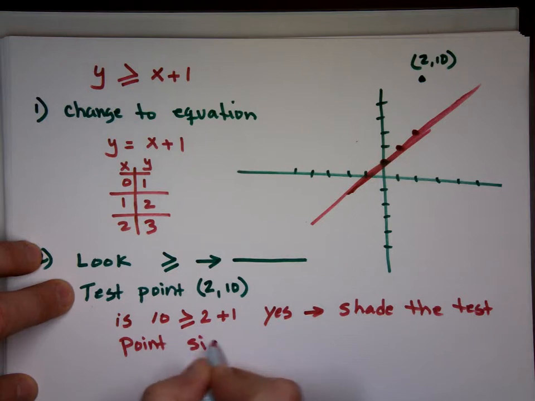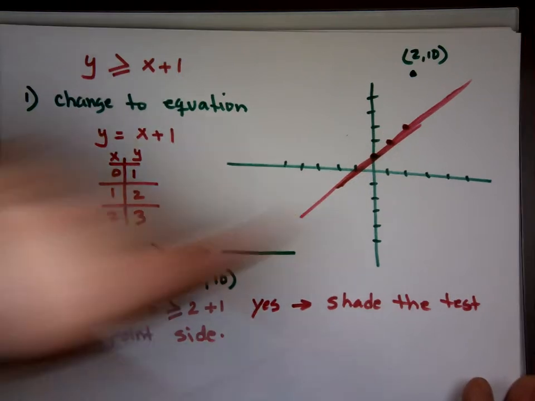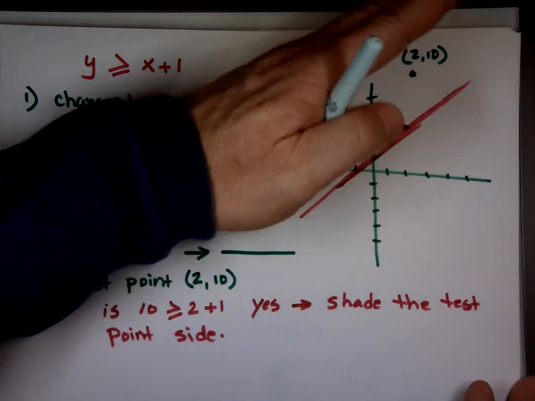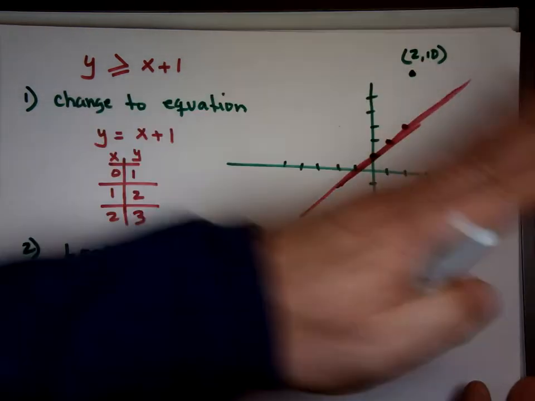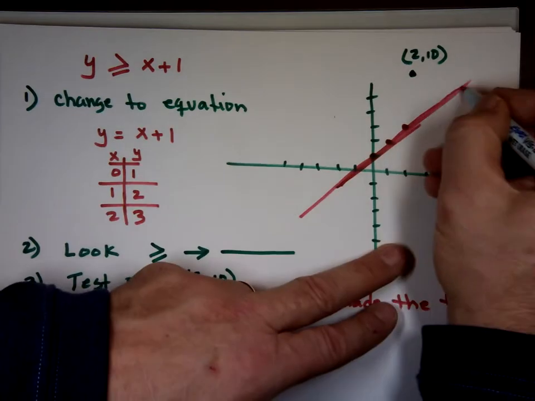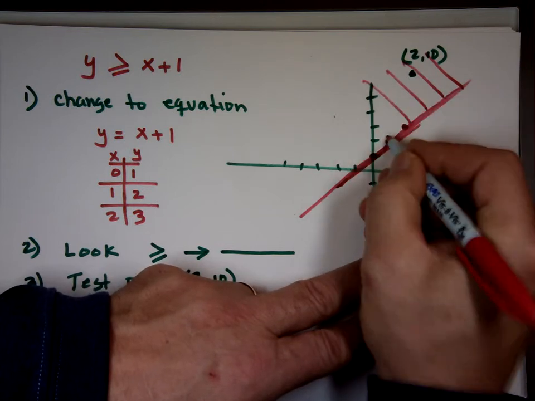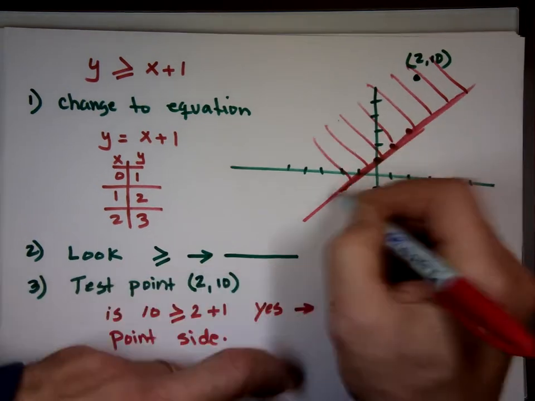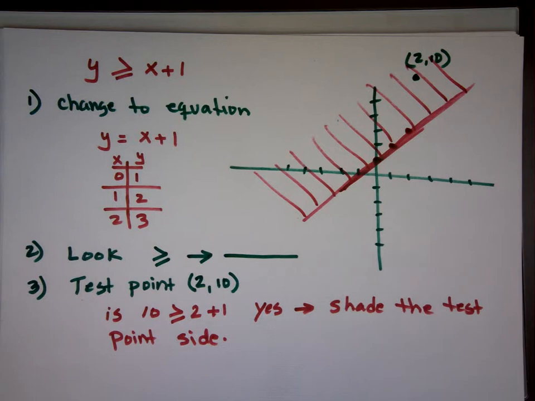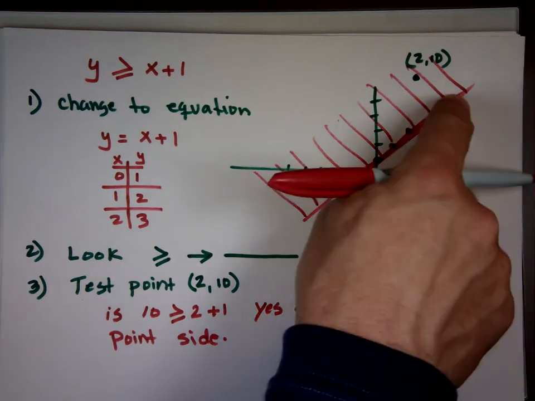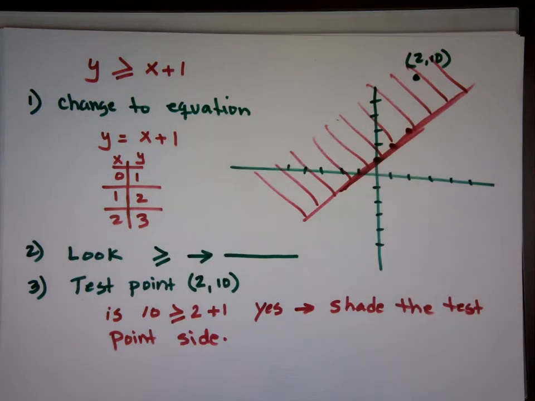Now your test point happens to be above this line, so you're going to shade that side above this line. So my answer is going to be this. Which quadrants? 1, 2, and 3.